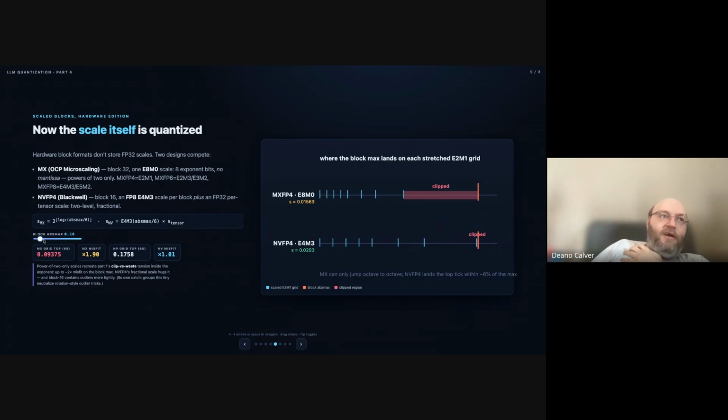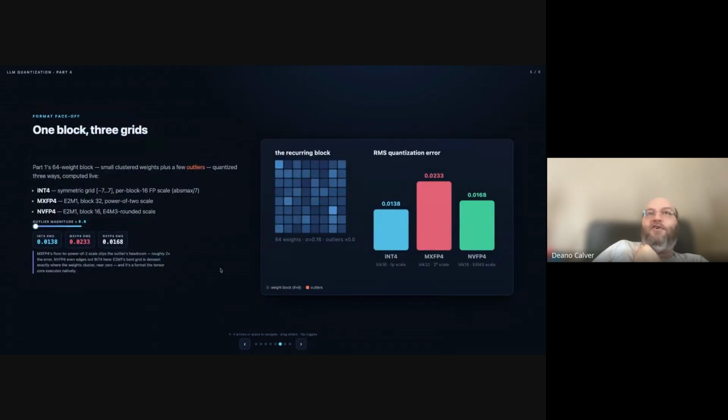So it gets a lot of error. Whereas NVIDIA's keeps the error constantly fairly low. Sure, there's a little bit of error in that top there, but it's never huge. There are certain values that MX FP4, for example, just wrecks. I mean, look at that. That's an error and a half there. That's our data range. So you can kind of see, yeah, NVIDIA FP4 is good. NVIDIA advert over.